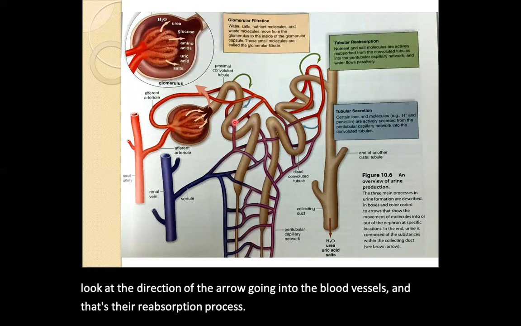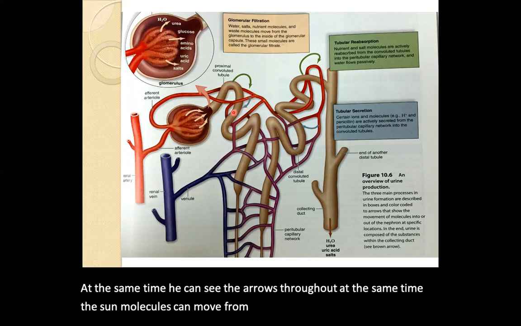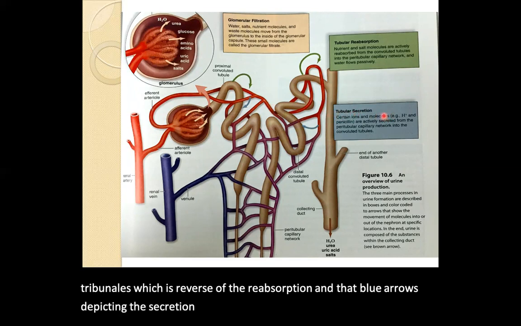At the same time, some molecules can move from the blood vessels into the renal tubules, which is the reverse of reabsorption, and the blue arrows depict the secretion, allowing us to get rid of the unwanted material.